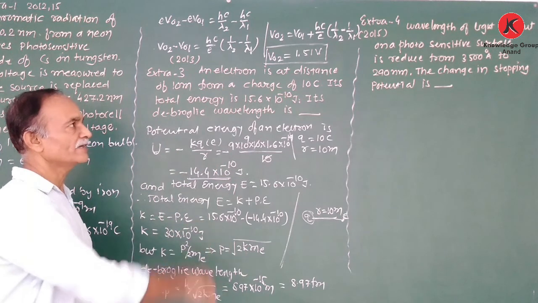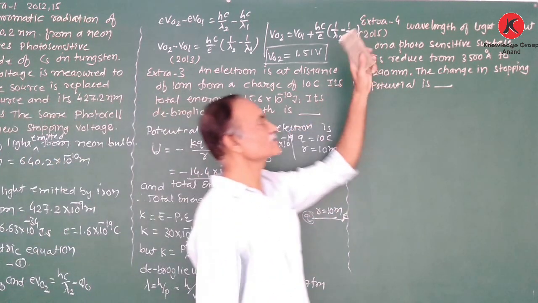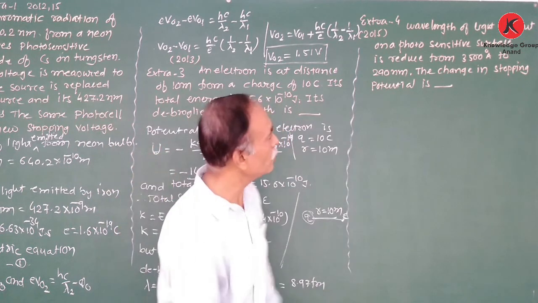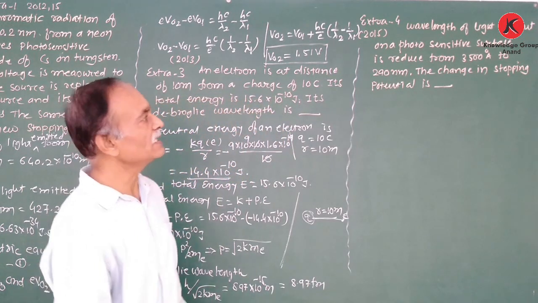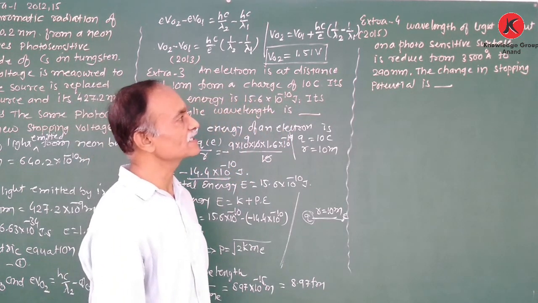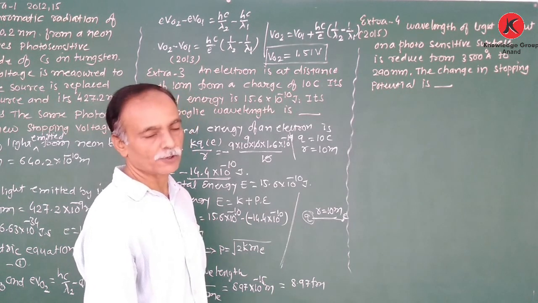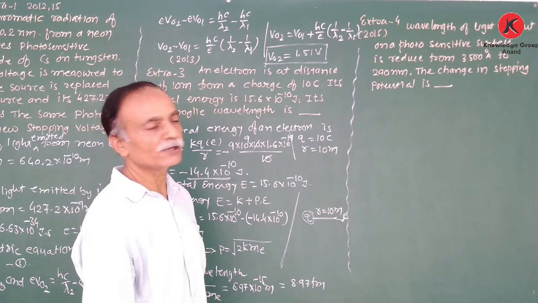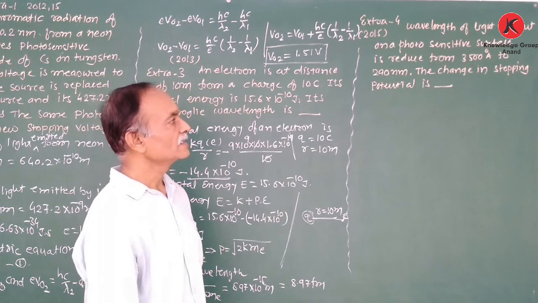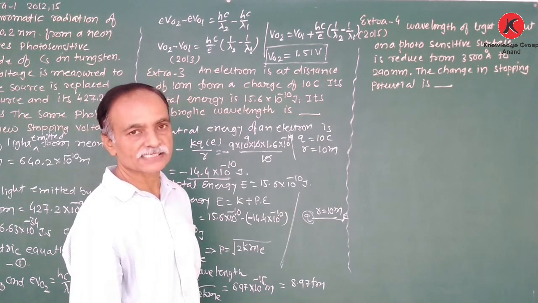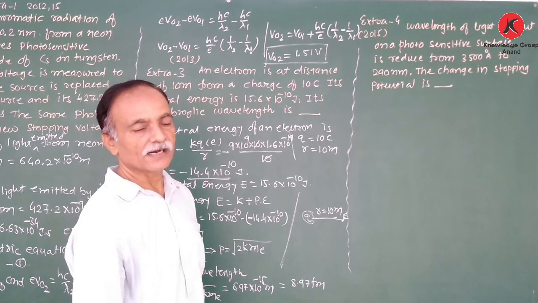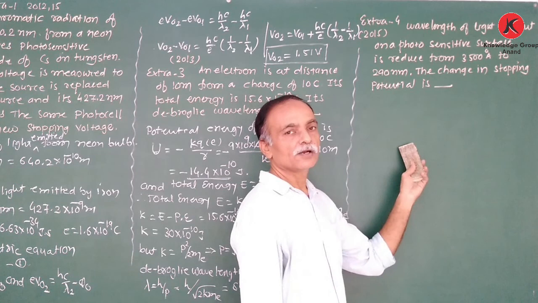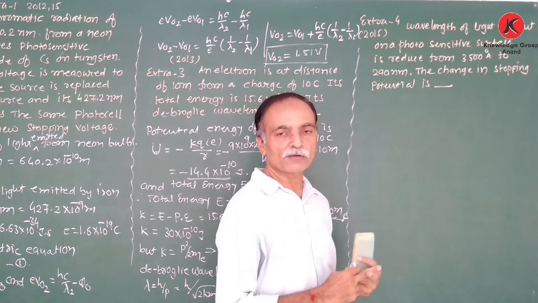Now the next extra numerical was asked in 2015. Same as the earlier extra numerical 2. The wavelength of the light incident on a photosensitive surface is reduced from 3500 angstrom to 290 nanometer. The change in stopping potential is asked. In the earlier extra second numerical, we had to calculate the new stopping voltage.